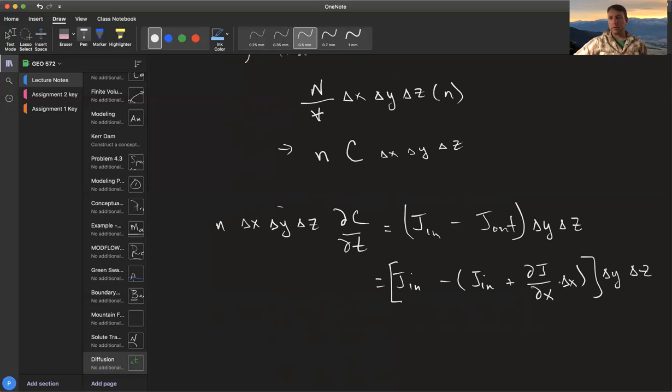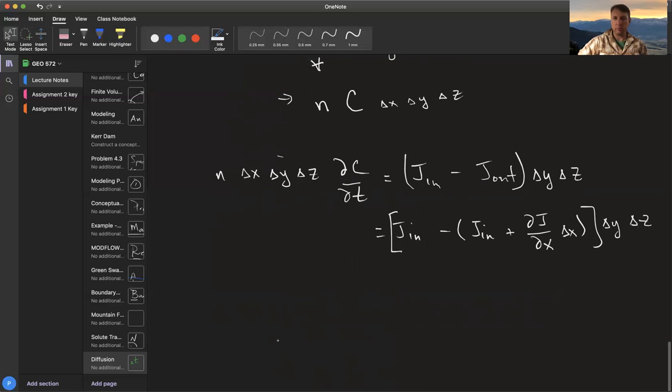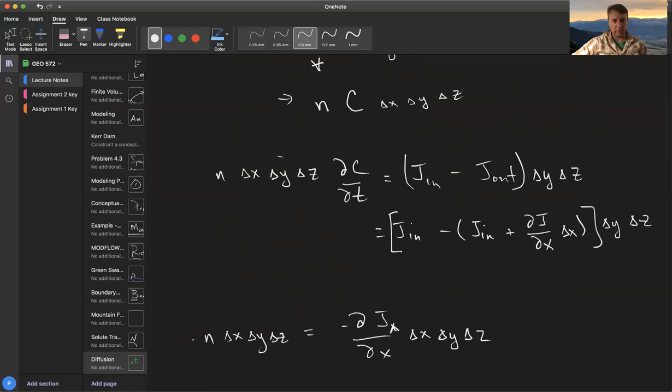All right, and if I do some arithmetic here, I end up with n delta x delta y delta z dC/dt is equal to negative dJ/dx. Let's label this with x. dJx/dx times delta x, delta y, delta z.